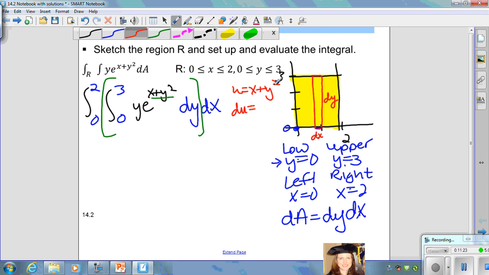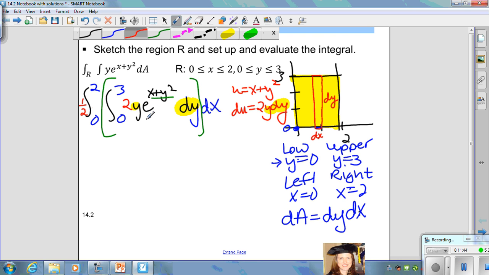Treat x as a constant, y as a variable. That du would then have to be 2y dy. So we do have the y and the dy. The only thing we're missing is the 2. So we can put a 2 here as long as we put a 1/2 out in front.